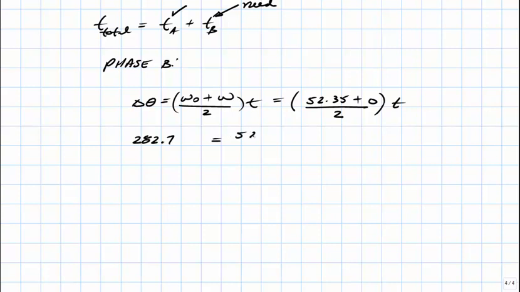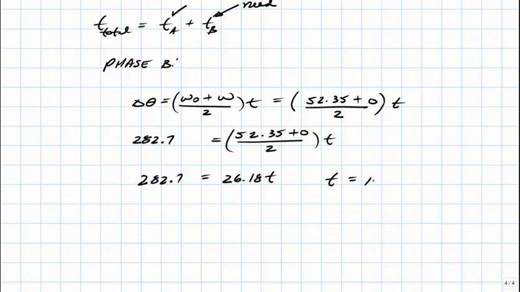And so that results in 282.7 equals 52.35 plus 0 over 2 times t. On the right-hand side, we have 26.18 times time, and if we divide both sides by 26.18, the time equals 10.8 seconds.